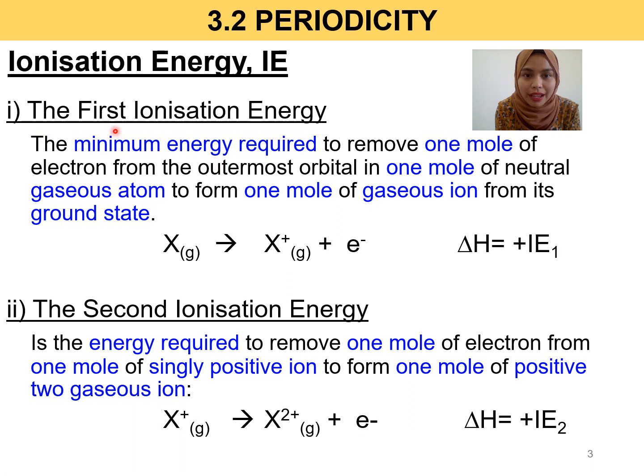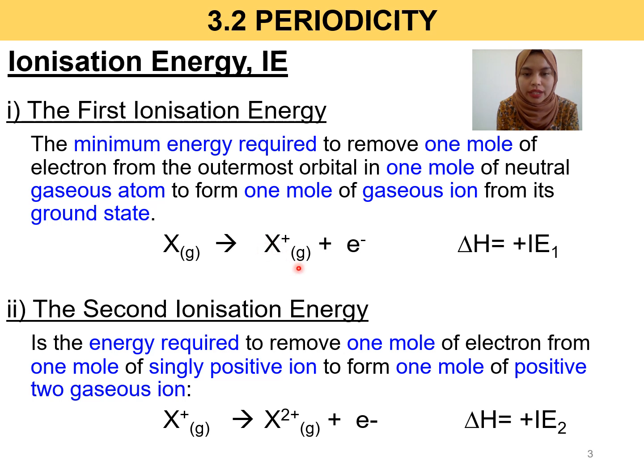So, what is the first ionization energy? So, if let's say you have a neutral atom in gas phase, okay. When this neutral atom removes one mole of electron, it will form 1 mole of gaseous ion.